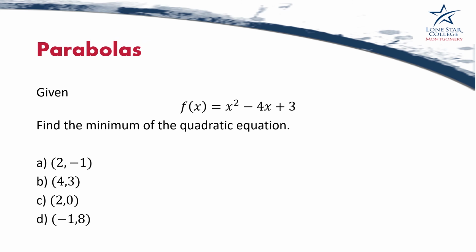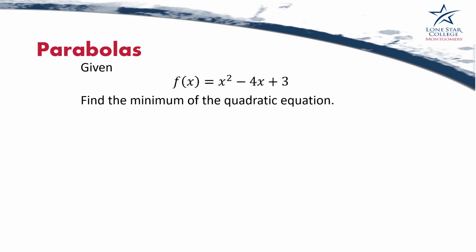So working with parabolas, given f of x equals x squared minus 4x plus 3, find the minimum of the quadratic equation. Like any equation, you can always graph it. The graph of a quadratic equation is what's called a parabola, and that basically looks like this, on our x and y graph.